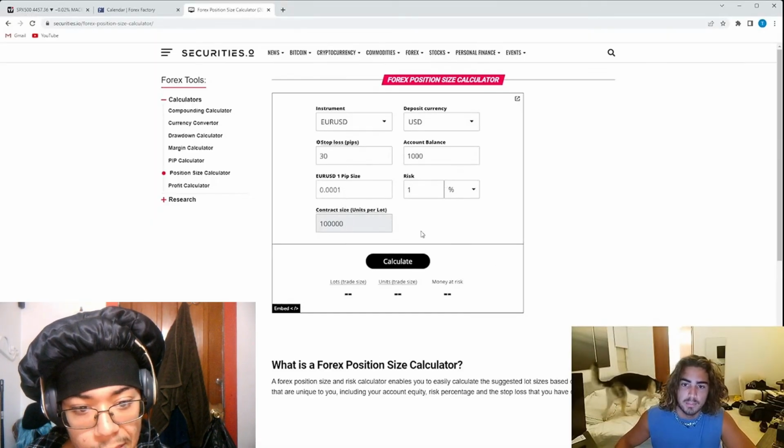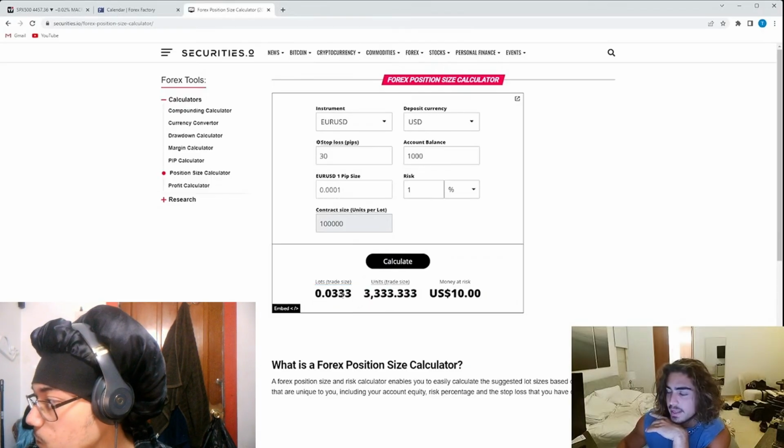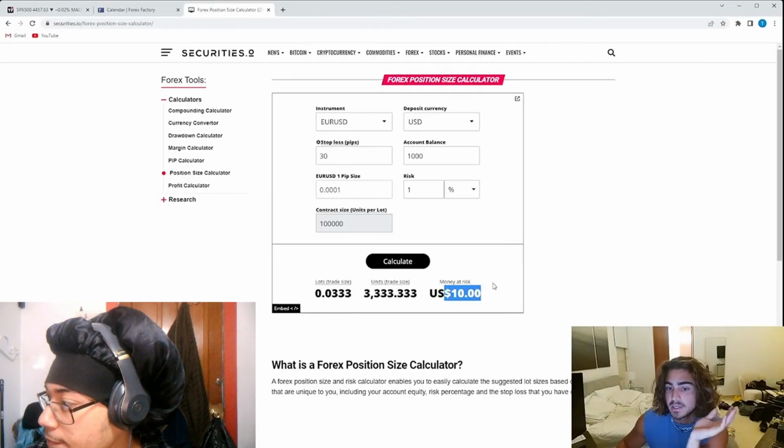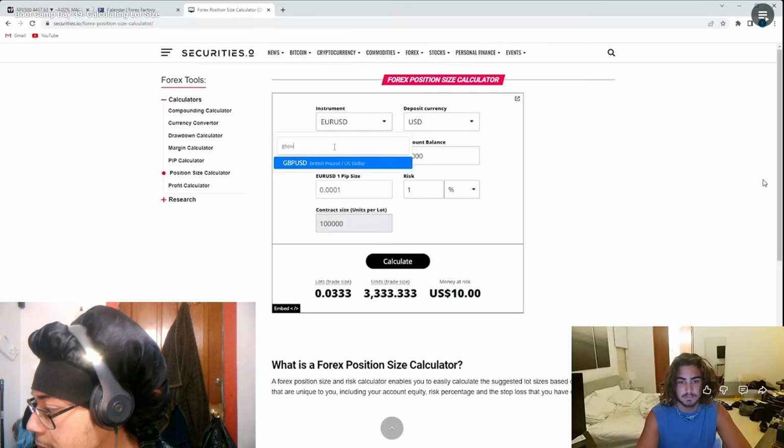All you do is click calculate, and then it throws you out a lot size. So for this, I would use 0.03 lots, because we can't go any farther past 2 decimal places. So what are we risking? $10, perfect.